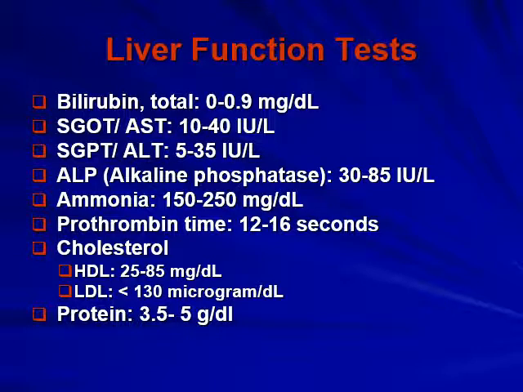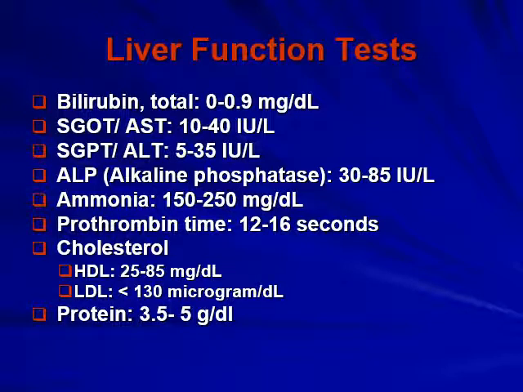The ALT then, the alanine aminotransferase, this also is high. There's a high concentration in liver cells, and it's useful in evaluating hepatic disorders. And it's kind of used to confirm liver damage. Typically, if it's elevated 20 times the reference range, it's really a confirmation of some liver disease that's present.